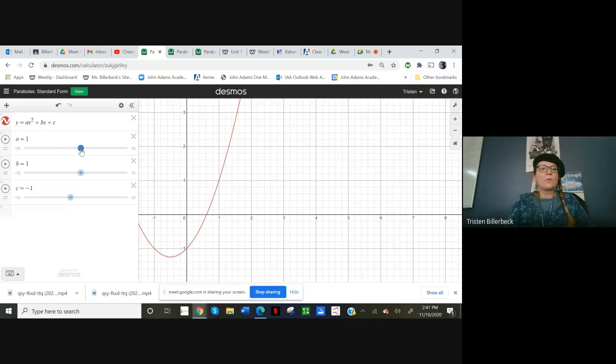And what a does, let's see. So let's move b around. Isn't that interesting how b moves? Okay, so let's move this over here, and we're going to move b around. Oh, that's a nice one.